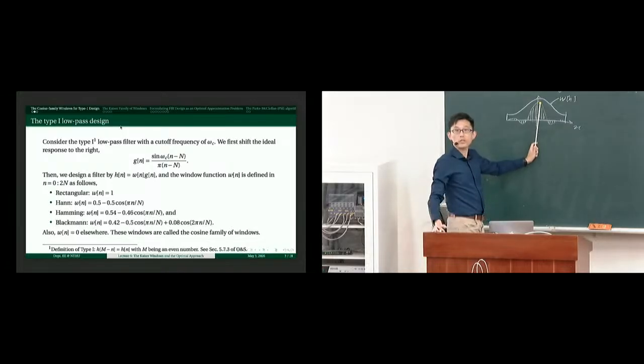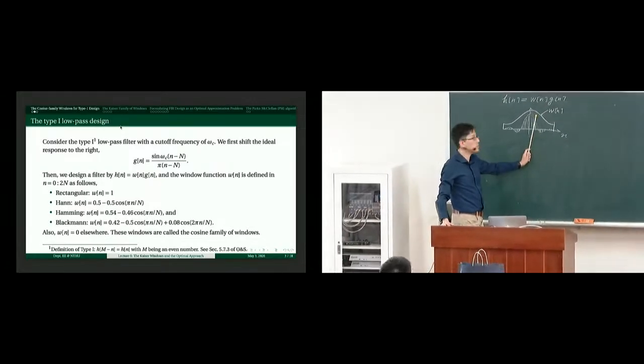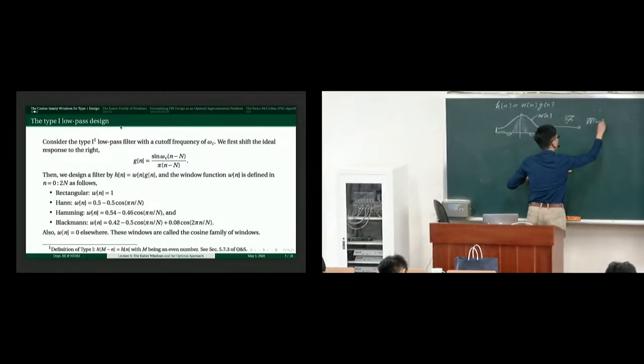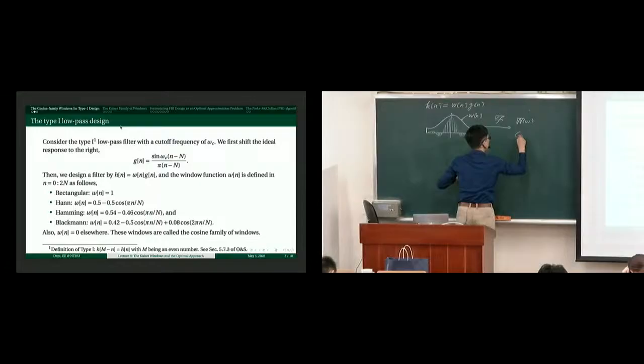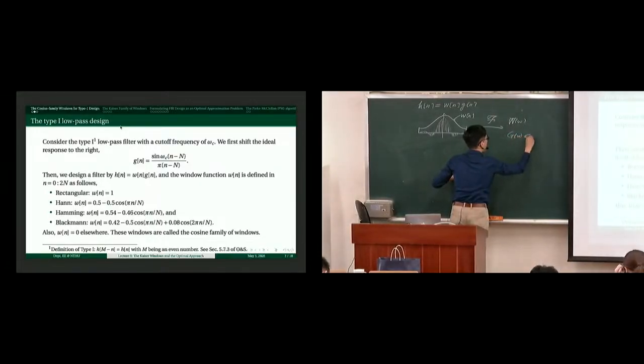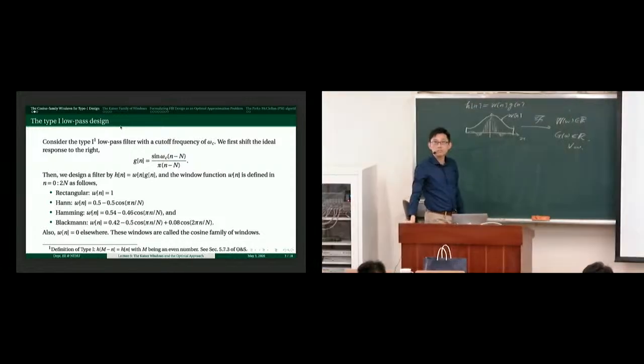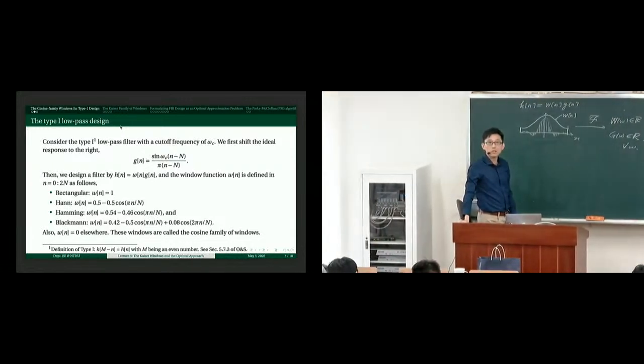The convenience has a reason. Do you remember that? The reason we find this convenient is that when we take the Fourier transform, the spectrum of the window as well as the ideal response are both real, because of the symmetry. That's why it's easier to discuss the convolution, main lobe, side lobes, and so on.